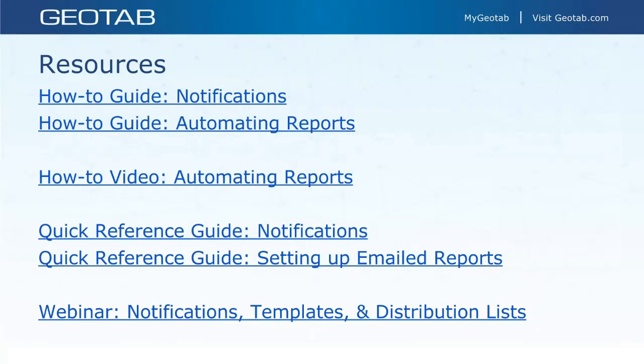We also have a quick reference guide on notifications and setting up emailed reports, so not as detailed as the how-to guide. It's quick start: click here, do this, click save. And we also have another recorded webinar that we did last year on notifications, templates, and distribution lists. You can take a look at that as well.